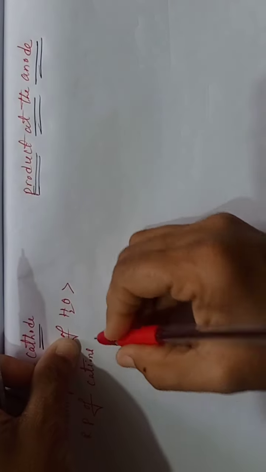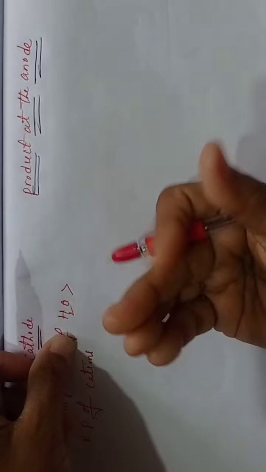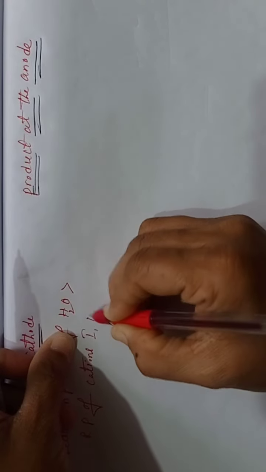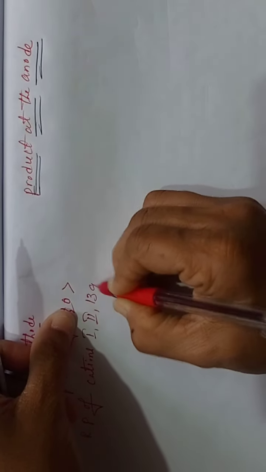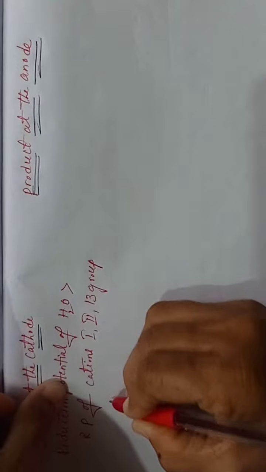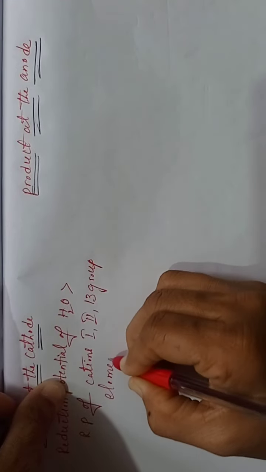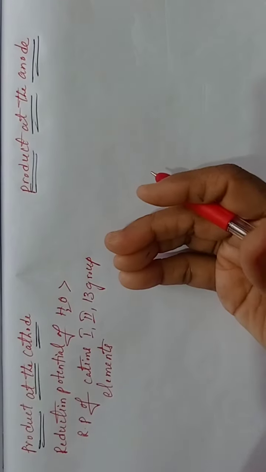Which cations? First group, second group and 13th group elements, or we will call it the third A group also.